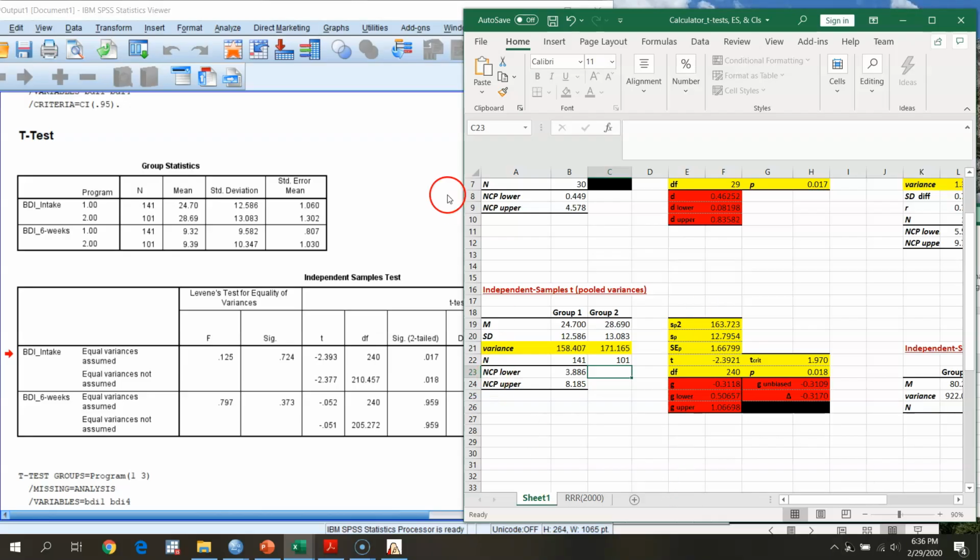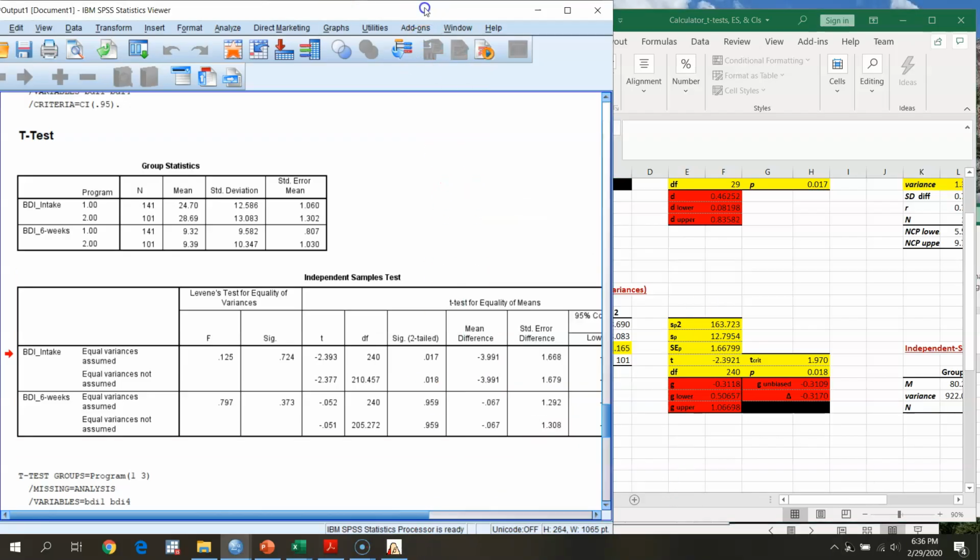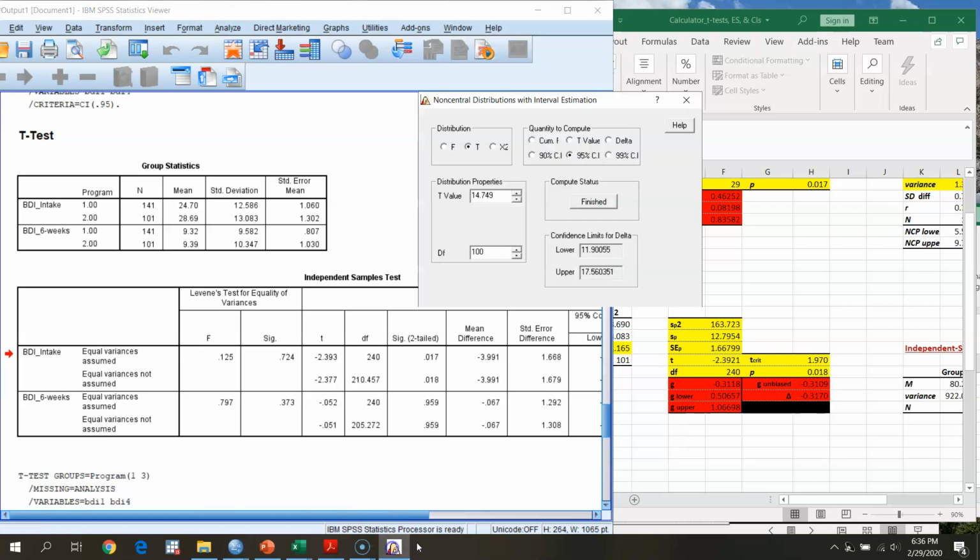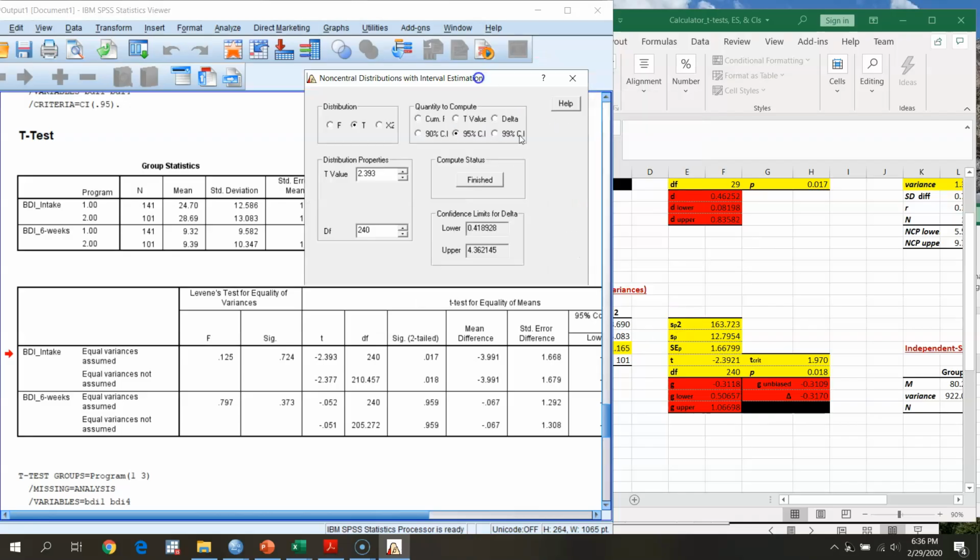And then I'm going to calculate non-centrality parameters. So I say my test statistic is 2.393, my degrees of freedom for this test 240, compute that. All right.